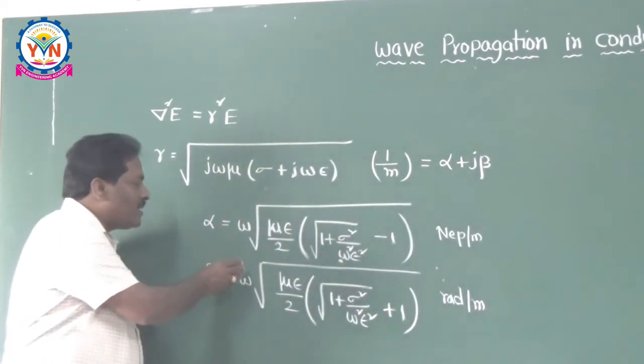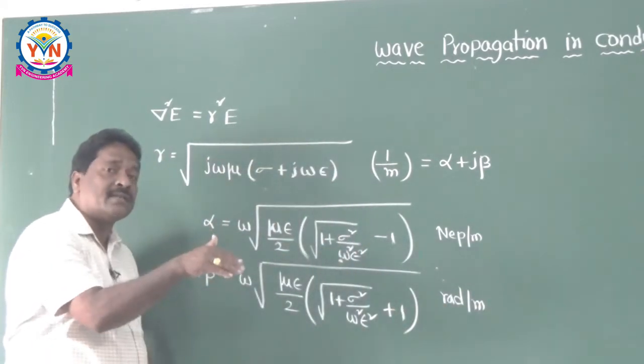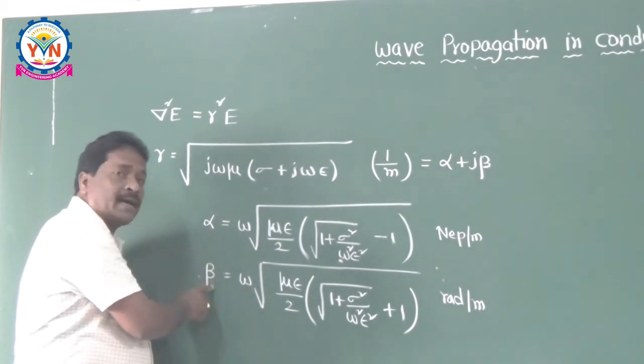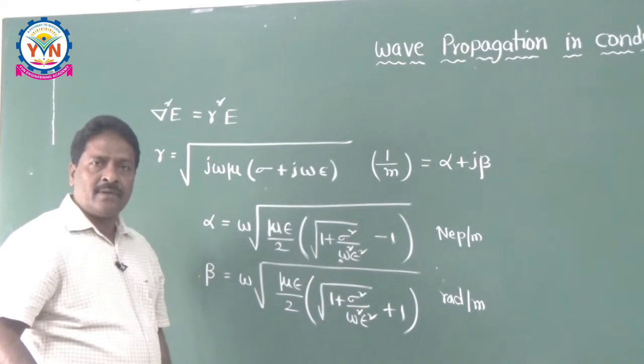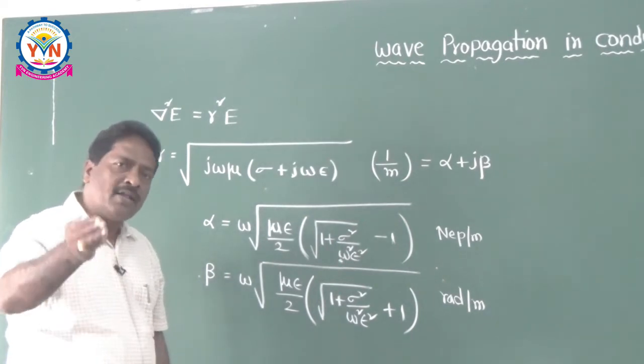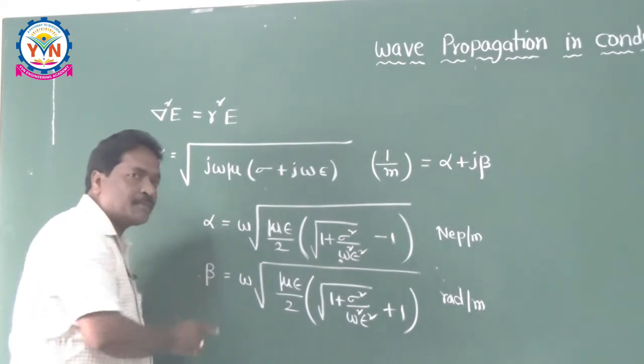Remember friends, these are the generalized equations for alpha and beta which can be applied for any type of medium. For example, you already know the alpha and beta for free space.